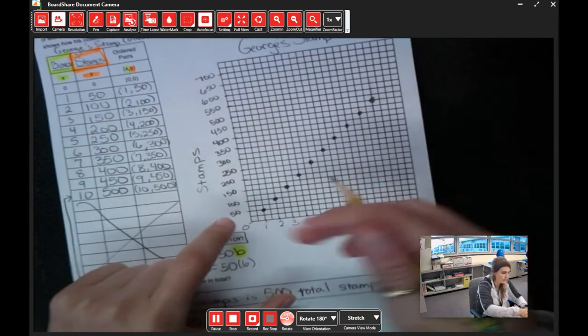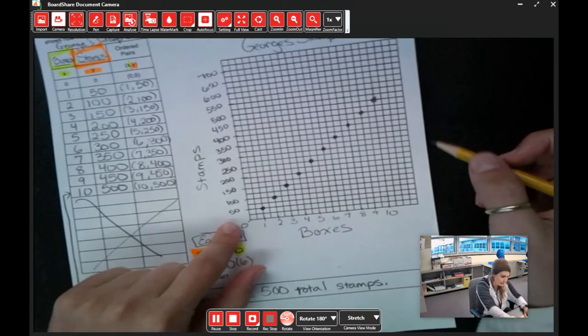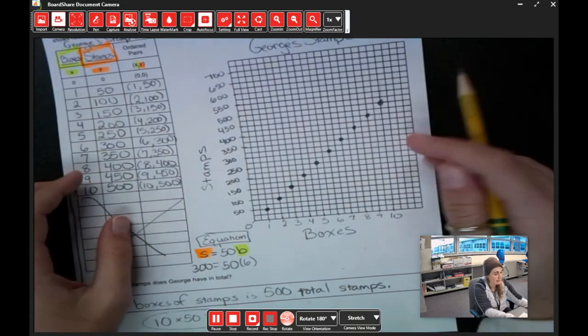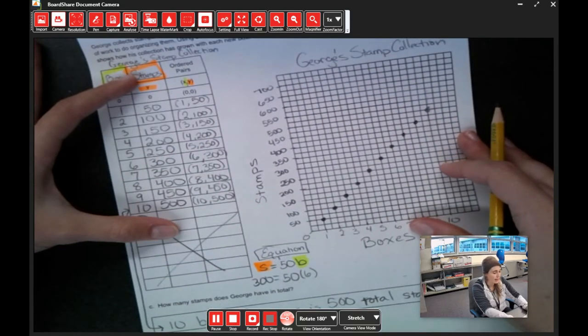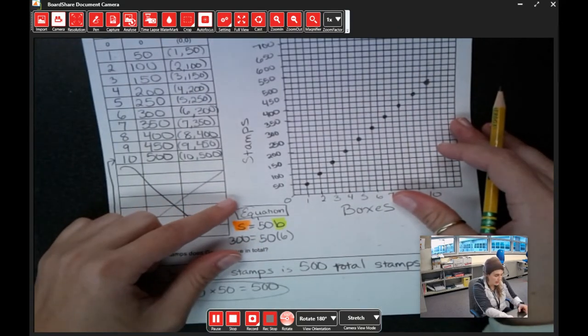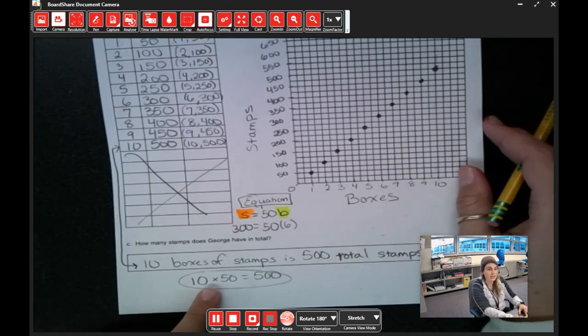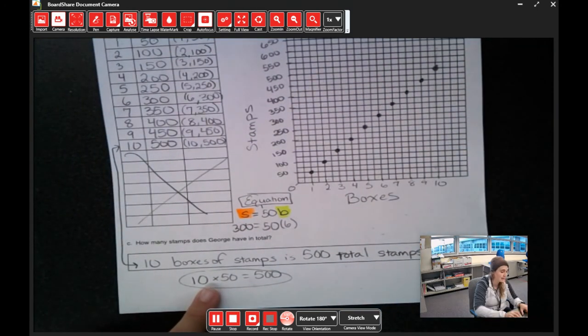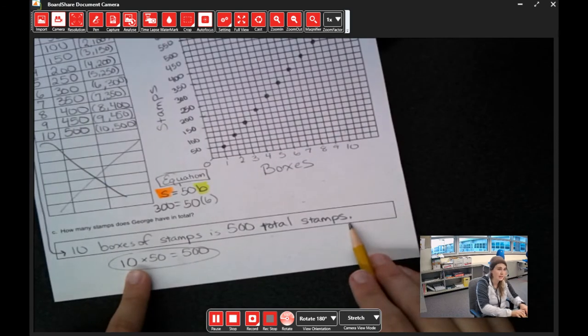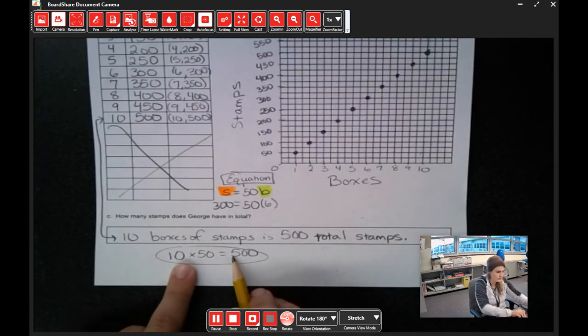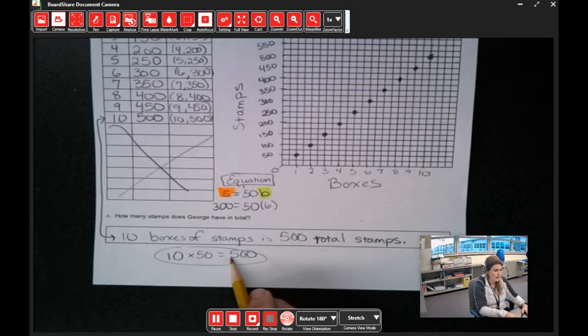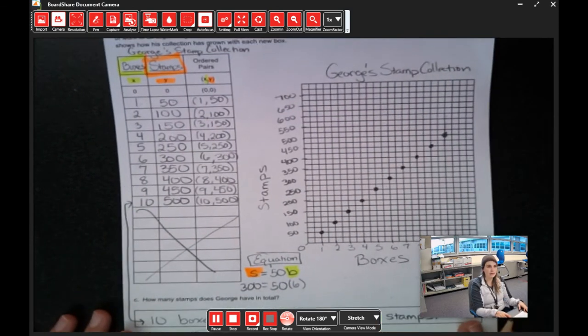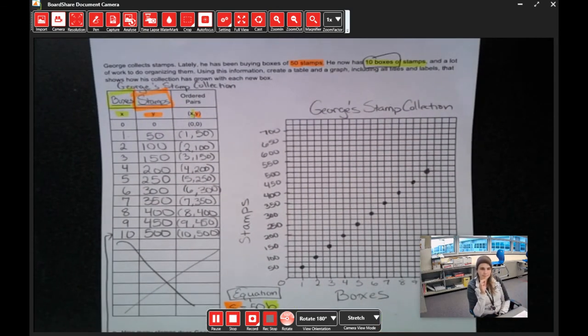Did I put the numbers on both sides? Did I plot the points? Is my table finished? Do I have an equation? And did I answer the question with a complete sentence, including a period? And did I show my work? So I did that in 2 places. That concludes my checklist. This is all set.